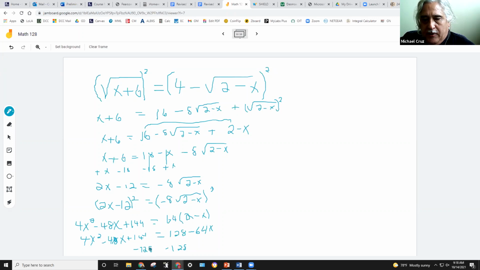Both sides, we're going to get it into a square, 64x. So that way it's going to be set to 0. All right, so those are different signs.